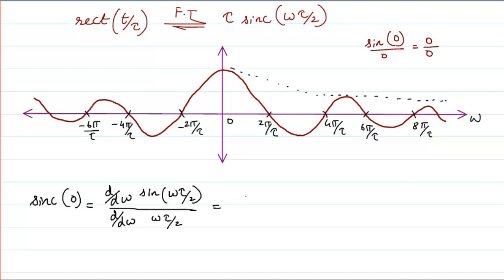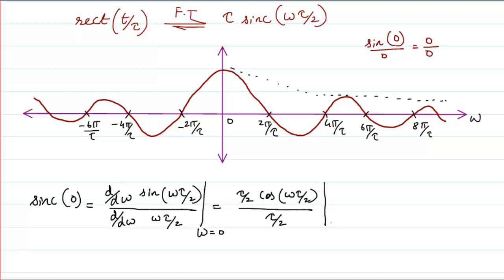The differentiation of sine is cos, so it will be tau by 2 cos omega tau by 2 divided by tau by 2, but tau by 2 cancels off, and we have to find this value at omega equal to 0.